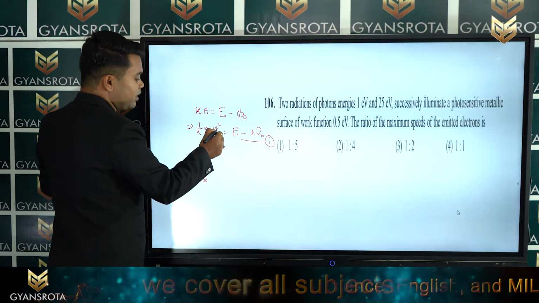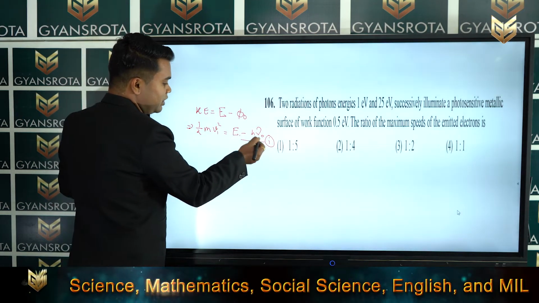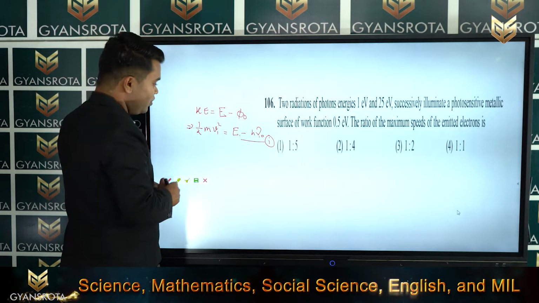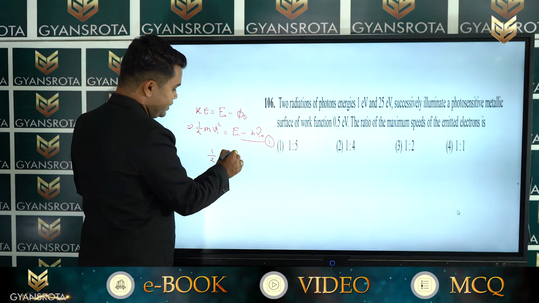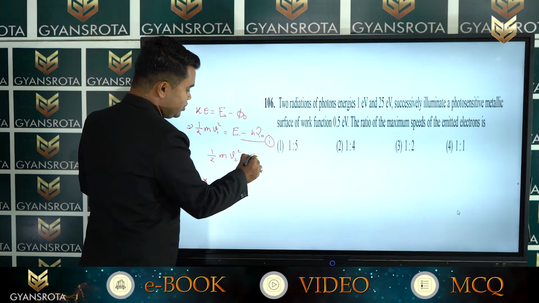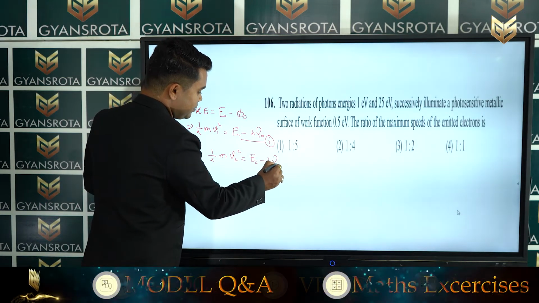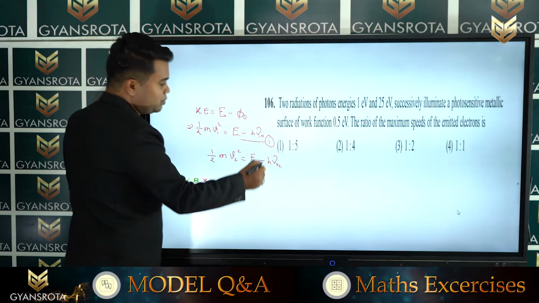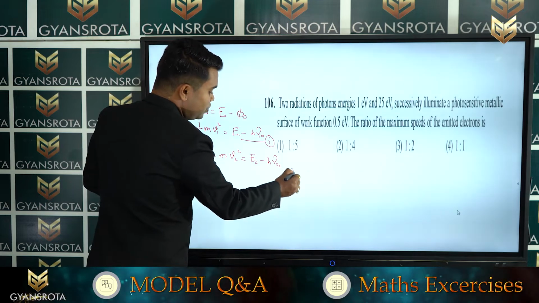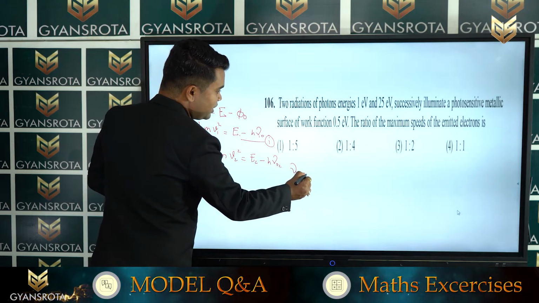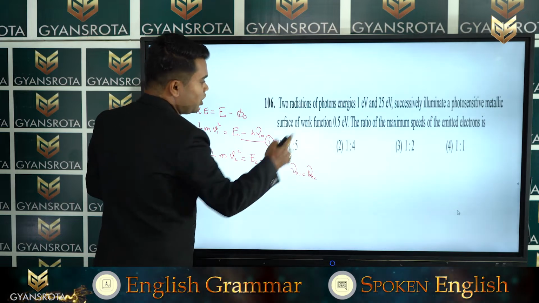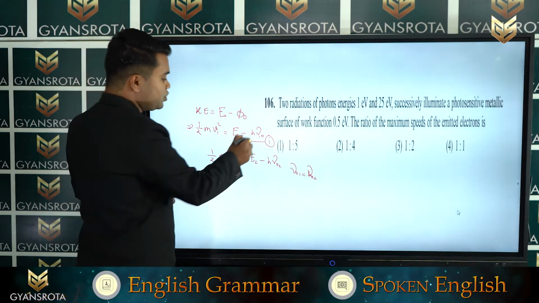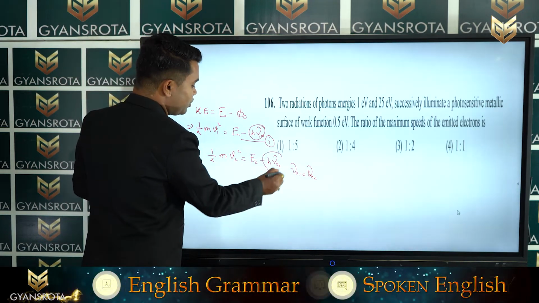You take half m v1 square for the first, and this is for h nu naught 1. For the next one you will take half m v2 square, which will be equal to E2 minus h nu naught 2. But h nu naught 1 will be equal to h nu naught 2 because the work function is the same, so this whole term is the same for both of them.